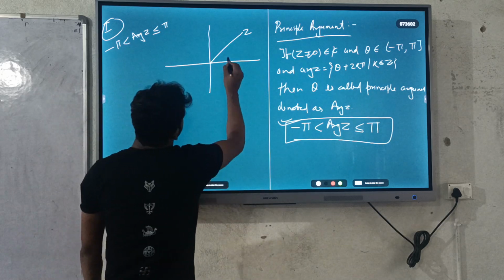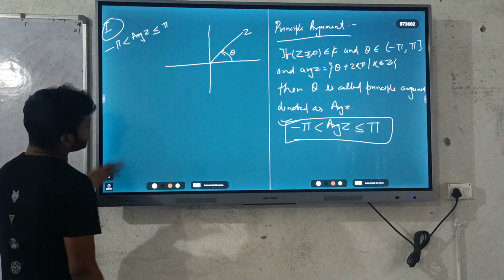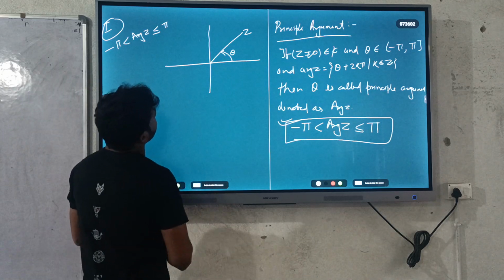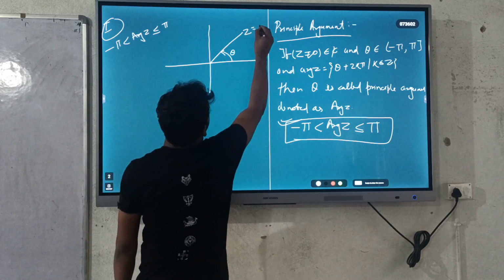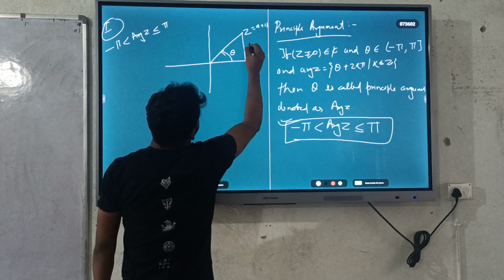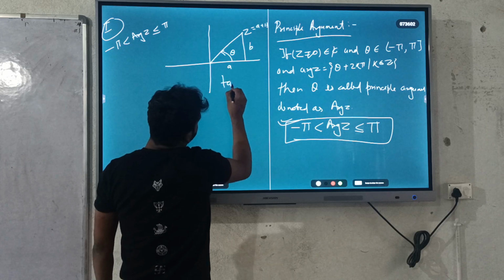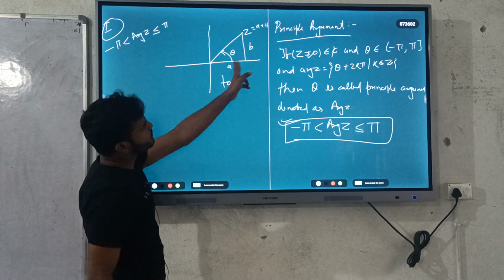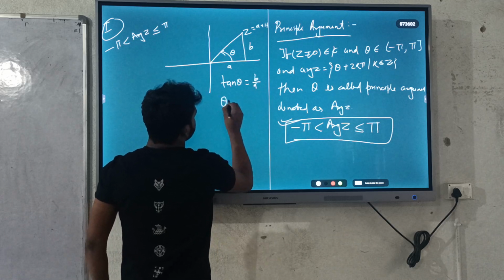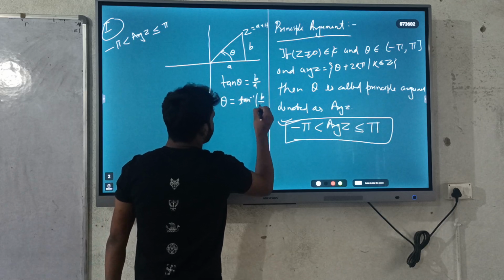Then the argument of this is theta, and if I want to calculate this theta, this distance is b and this distance is a. Then we use the trigonometric function tan theta, which is equal to b by a. We know this concept in trigonometry. So theta is equal to tan inverse b by a.